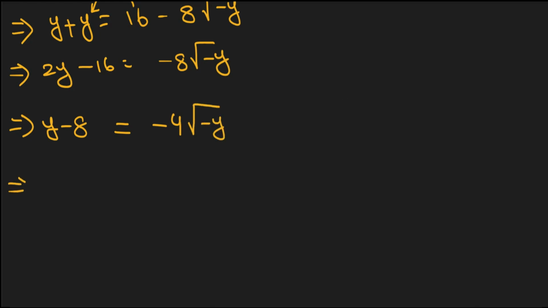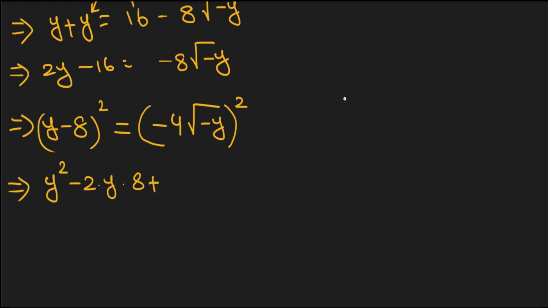Now again squaring both the sides of the equation, we can write this as a minus b whole square, that is a square minus 2 into a into b plus b square, that is y square minus 16y plus 64 is equal to 16 into minus y.